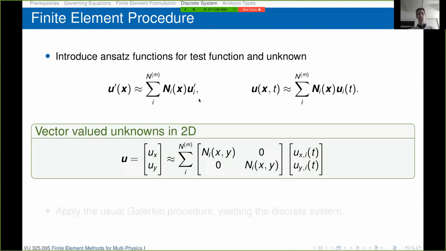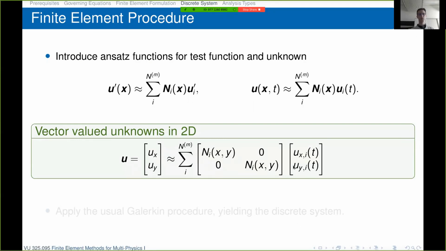So to write it out in 2D, because it's a bit shorter, we approximate the x component by a sum of ansatz functions for the x coefficients, with the 0 here, so we don't mix them.